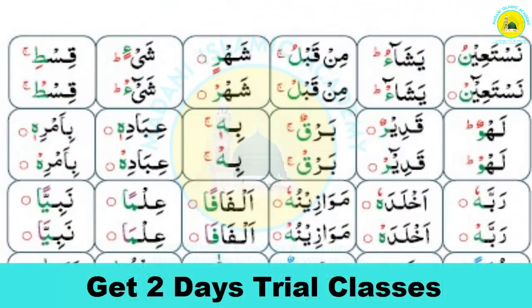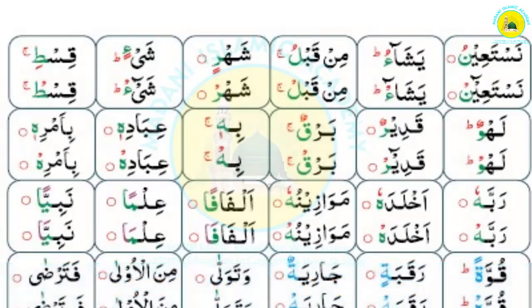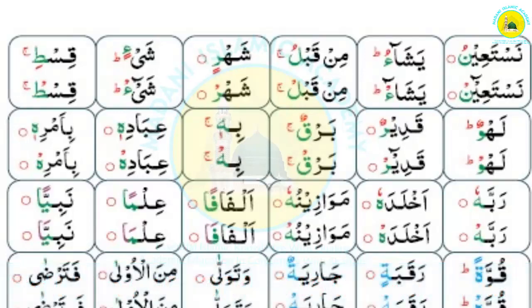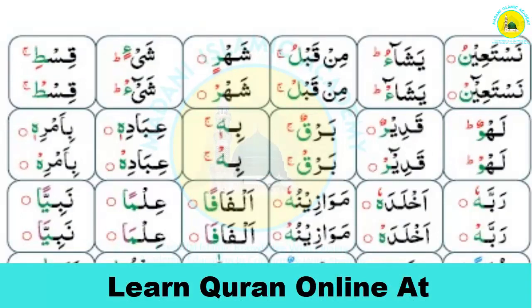So if we look at the first rule, let's read that. The circle is here, so this is the end of an ayat. The actual word is nasta'inu, but because it's the end of an ayat, we stop here.